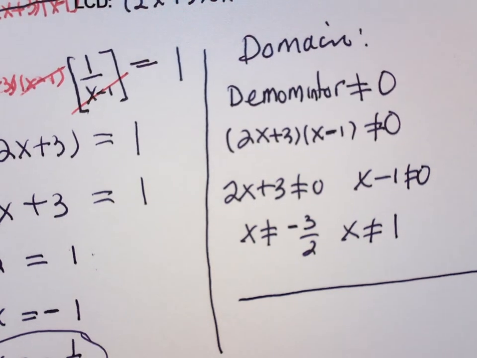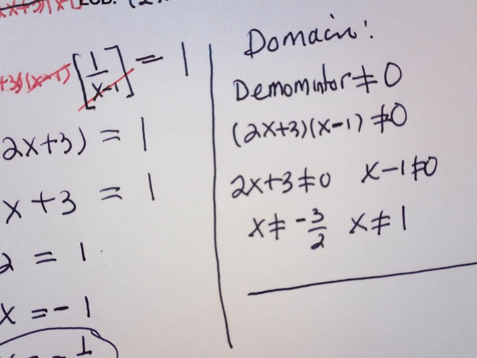Domain. I think that's the first question on your worksheet. What is the domain? Questions? The denominator can't be 0. I don't care what the numerator is.